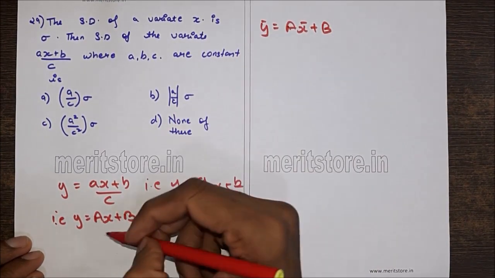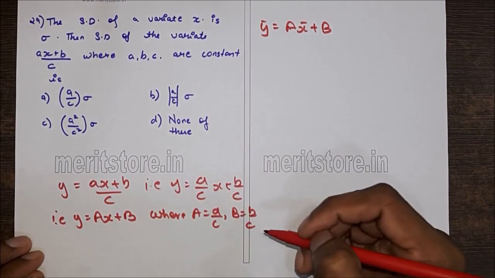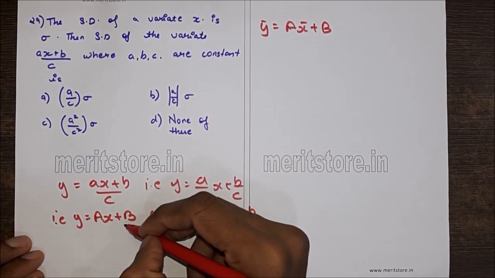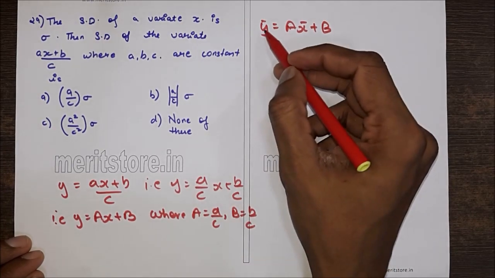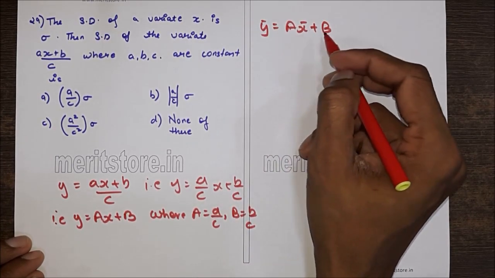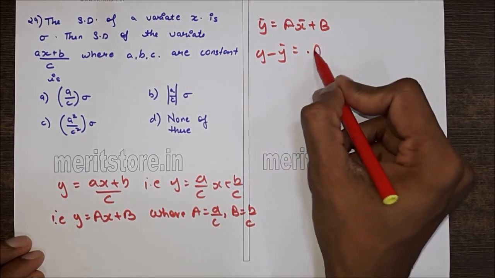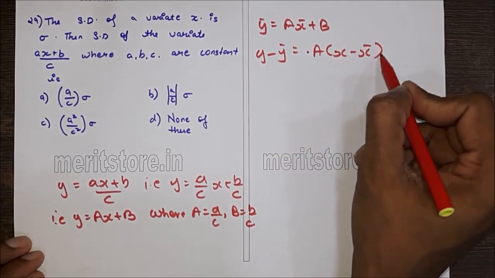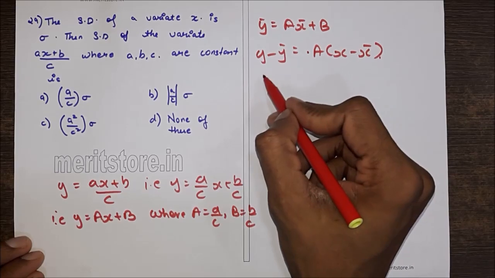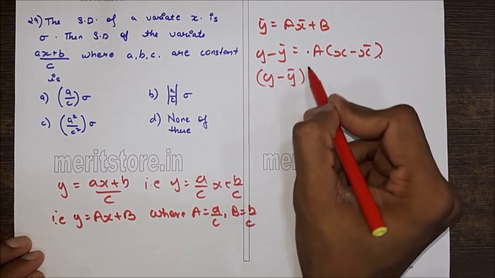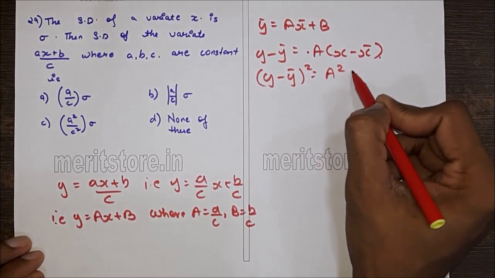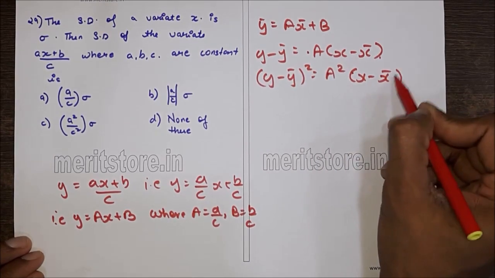Subtracting the equation y is equal to Ax plus B with y bar is equal to A x bar plus B, we get y minus y bar equal to A times (x minus x bar). Squaring both the sides, we get (y minus y bar) the whole square equal to A square (x minus x bar) the whole square.